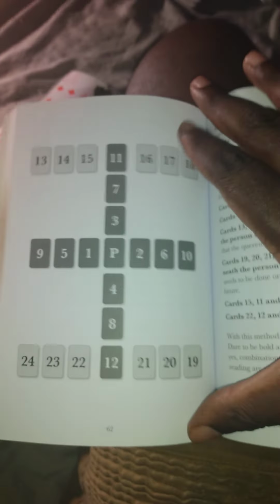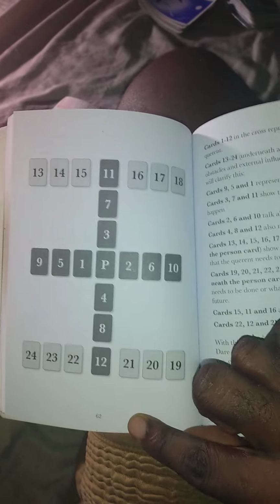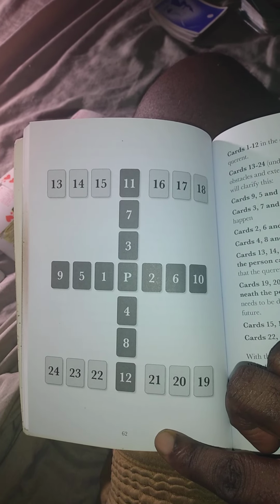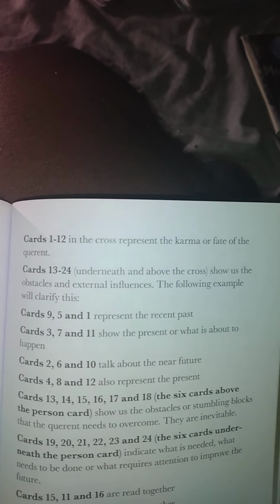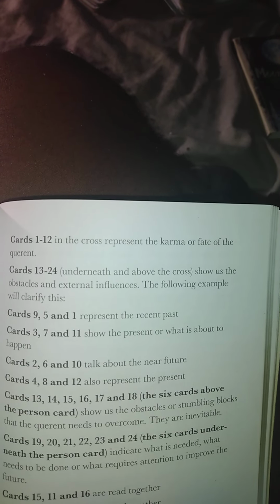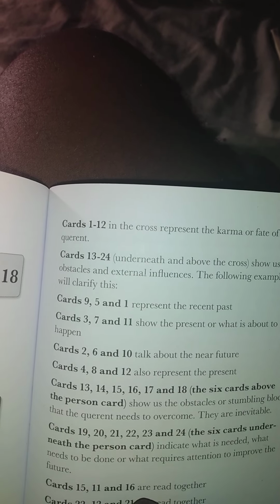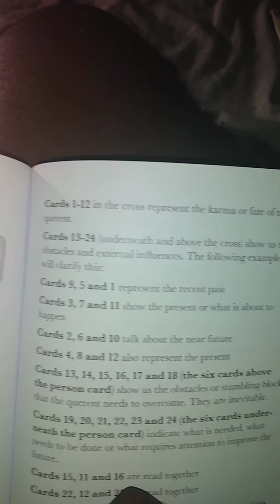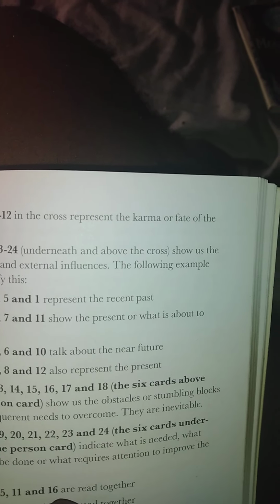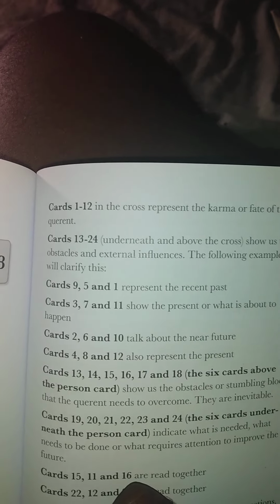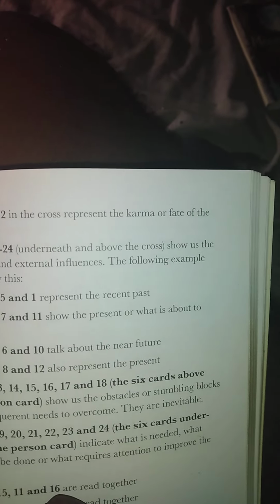And see here, this is the diagram of the cross spread with obstacles. Cards number 1 to 12 in the cross represent the karma or fate of the querent. Cards number 13 through 24, underneath and above the cross, show us the obstacles and external influences.